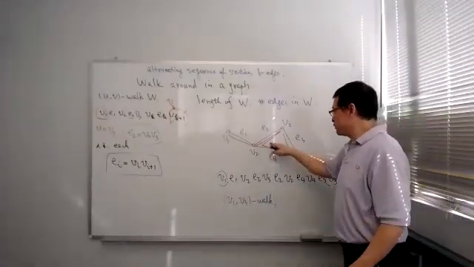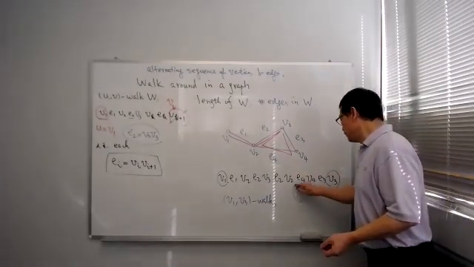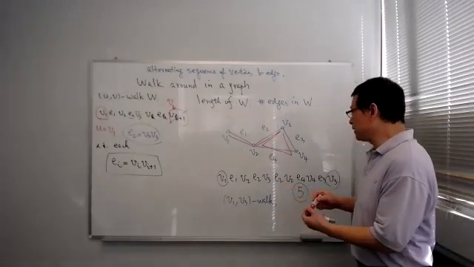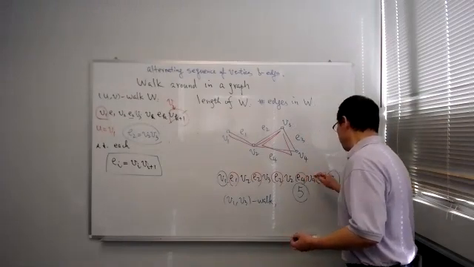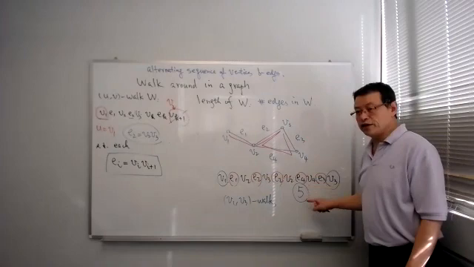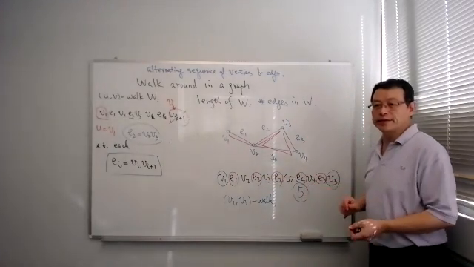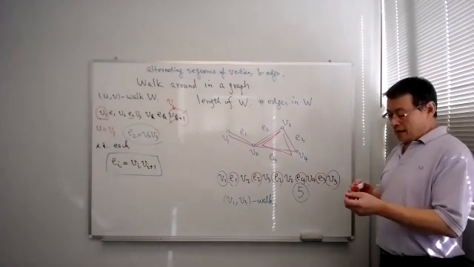So here it is 1, 2, 3, 4, 5. Some edges will be counted twice. So here E2 is counted twice. So 1, 2, 3, 4, 5. The length is 5. It's not 4. The number of different edges is 4, but we count the number of edges in the walk, so some edges will be counted more than once. All right. So that's the length.